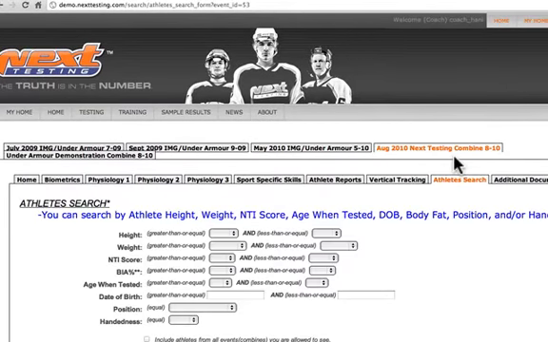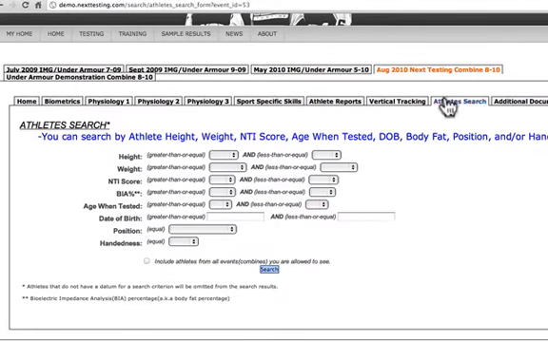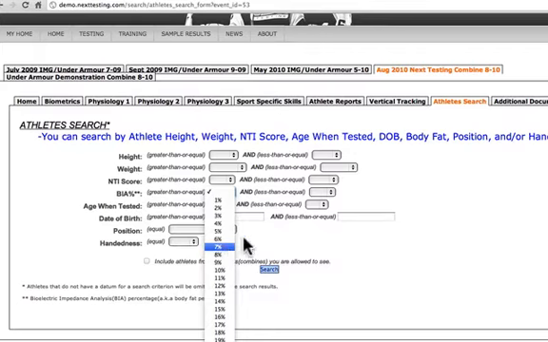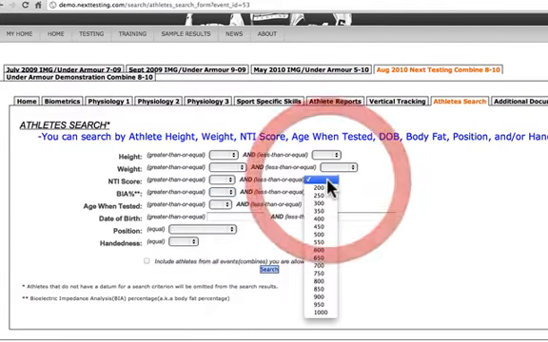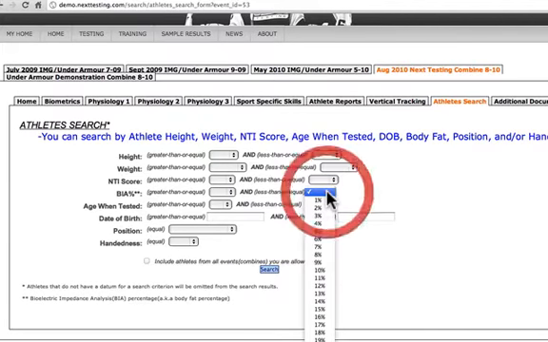Athlete search. We can search for the events that we're allowed to see, all the events, or in this case the single highlighted event. We can say, I'd like to do a body fat percentage.